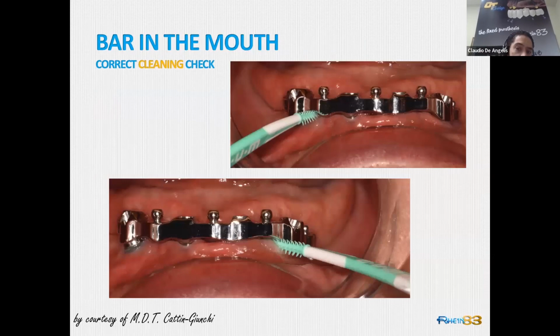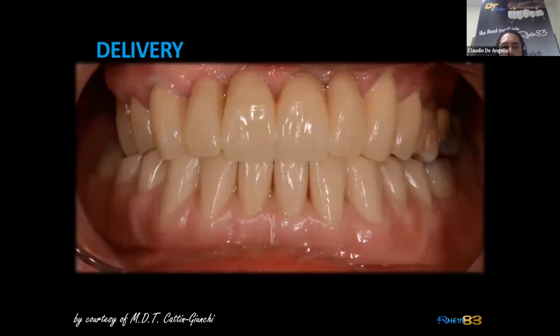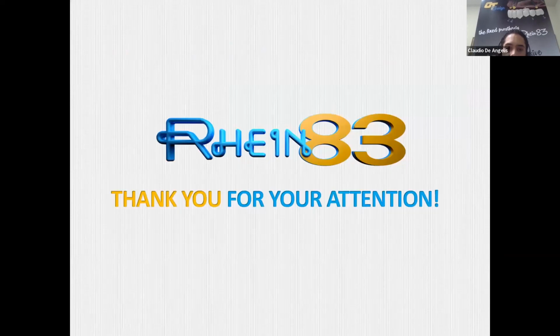Remember always the space for cleaning the bar in between. And after this, the work delivered, they restore the vertical occlusion and they give a proper aesthetic to this patient.